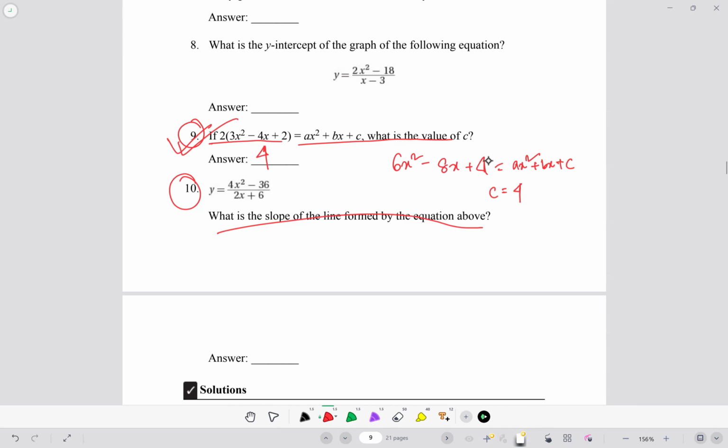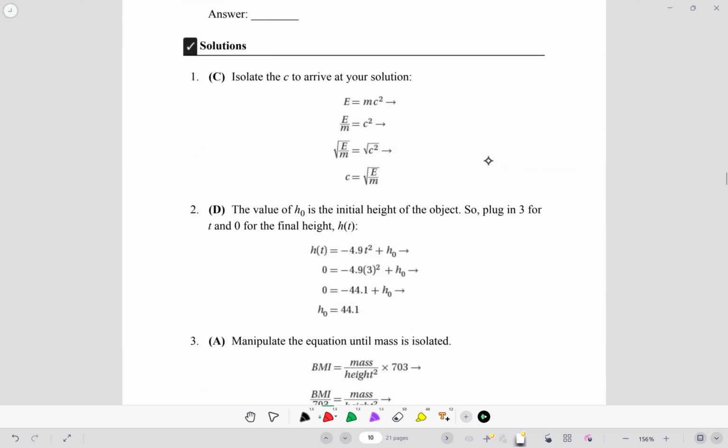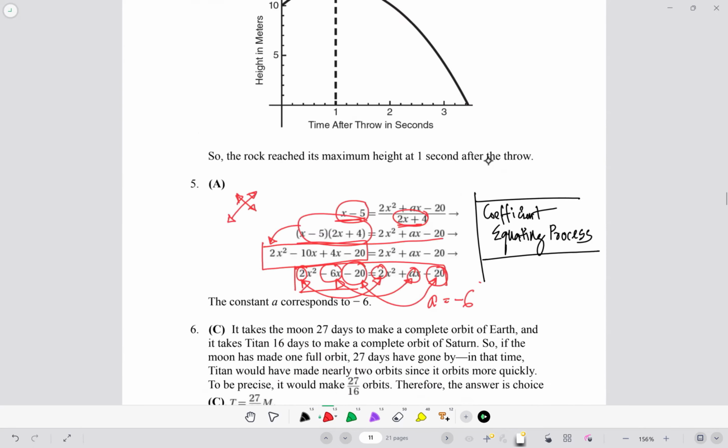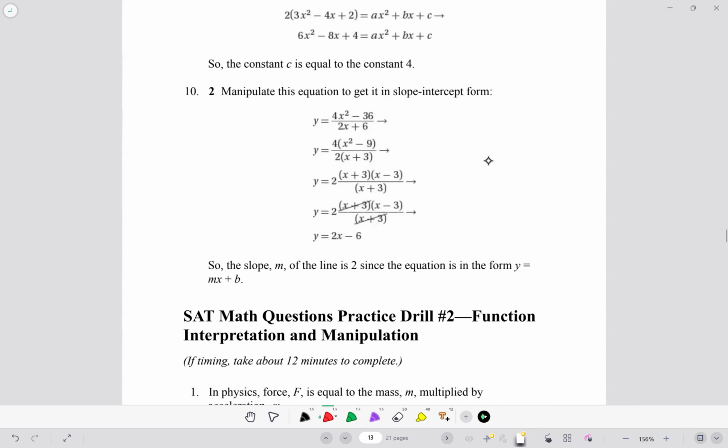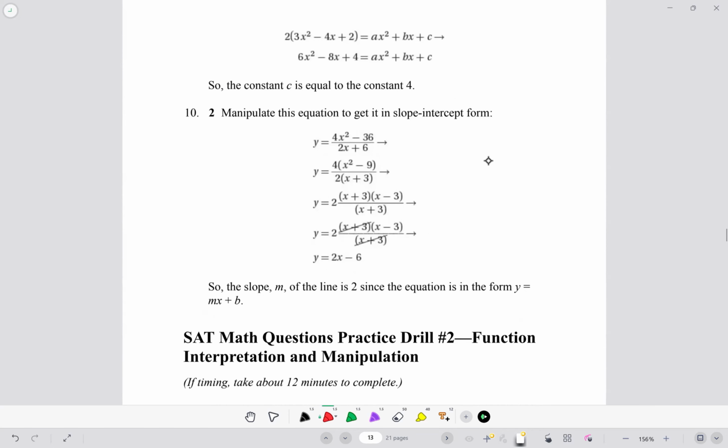Maybe they're just asking you to find the slope of the line. I just want to look at how they're solving this problem, because this problem can be solved in many different ways rather than trying to do it in my way. Okay.